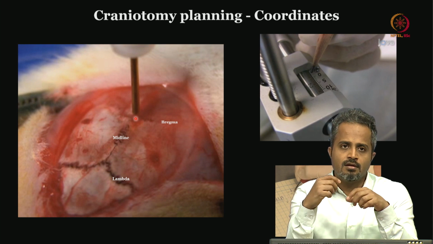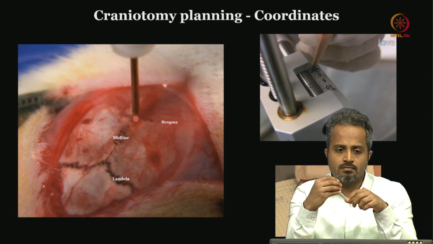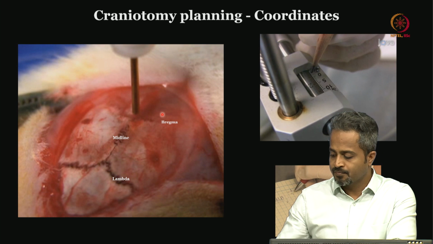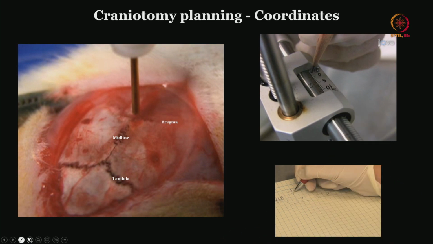For example, let's say you want to insert a drug delivery cannula. You can see here, let me use the pointer. As I said earlier, if this is the craniotomy area that you have chosen based on stereotactic coordinates, then you can make sure that the drug delivery cannula is right in the center, or if you are using an electrode, the surface electrode is right in the center.